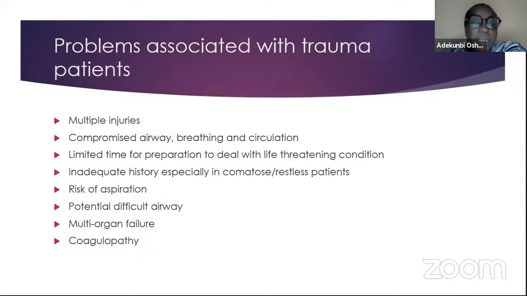Of course, there's potential for difficult airway, especially those that have aspirated prior to getting to the hospital, trauma to the face, trauma to the neck, C-spine injury, which is common in these patients, depending on the mechanism of the injury. And also, they are prone to multi-organ failure, and the most profound one, which is coagulopathy, that occurs sometimes as early as within 30 minutes of this trauma, even before they present to the hospital at all.